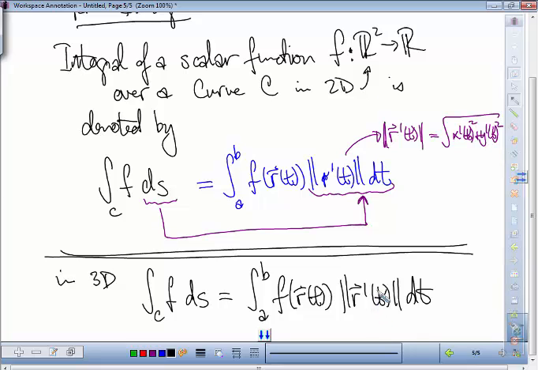So it's the same thing, right? And the magnitude, instead of x prime squared plus y prime squared under a square root, it'll just have three components, x prime squared, y prime squared, z prime squared, all under a square root. So what's nice about this is that it's the exact same notation, exact same process, except you're throwing in a third variable. So we didn't have to add on another integral, because it's all kept neatly in this notation.